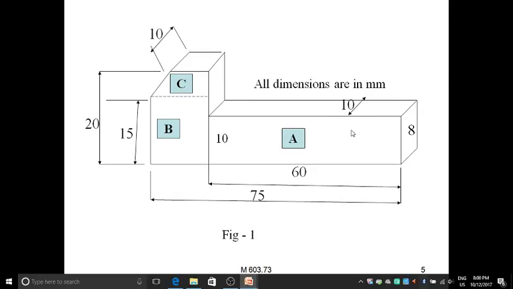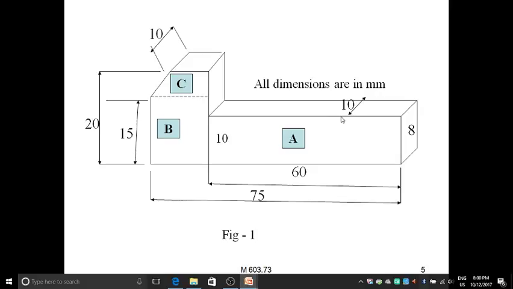I am talking about the geometry of this figure: this dimension is 20, the height of this projected portion is 8, it is 20 and it is 8. So the cross section here is 10 and 8. Be careful.